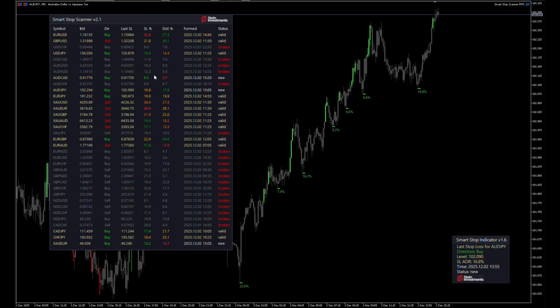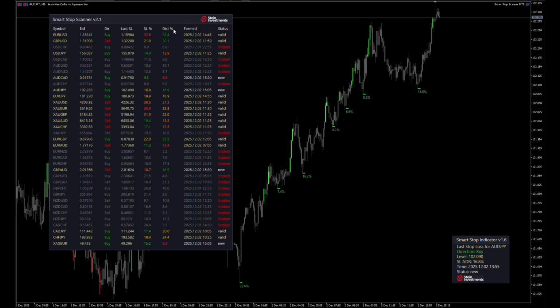And in our latest update, we improved one of the most important elements, the distance to the stops. Previously it was shown in pips or points. But absolute numbers make no sense across different markets. 40 pips in Euro USD, 40 pips in Euro NZD, 40 pips in Bitcoin. These are completely different realities.